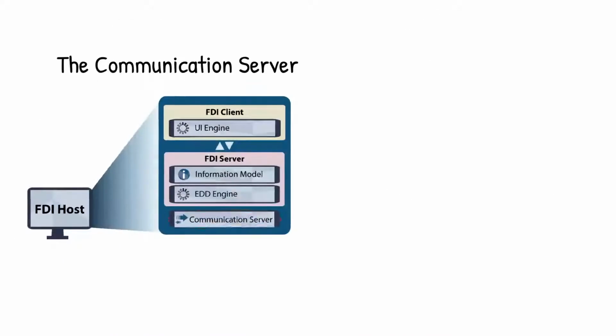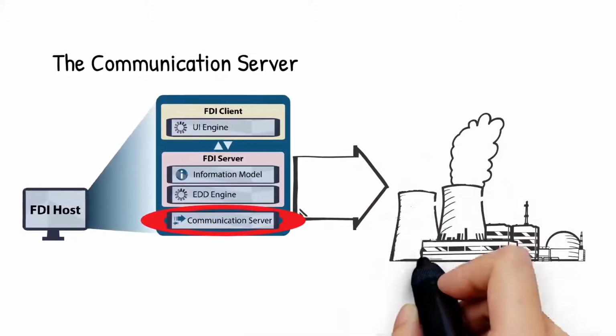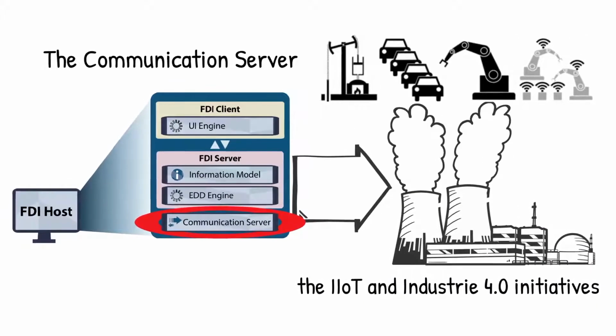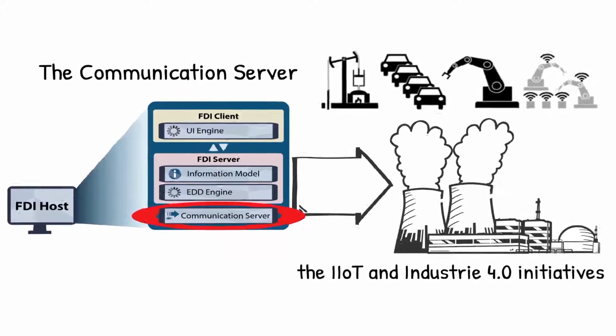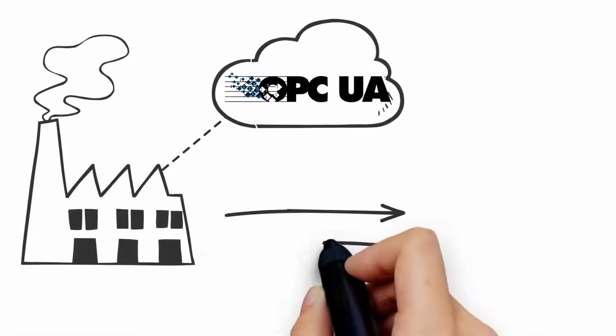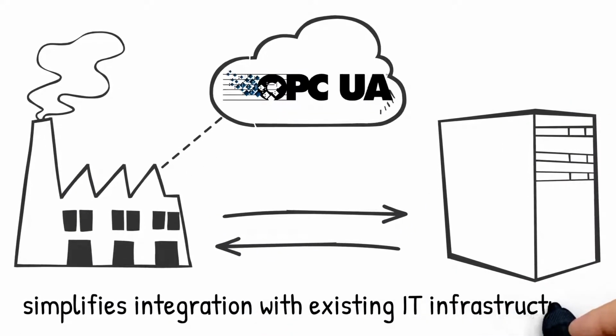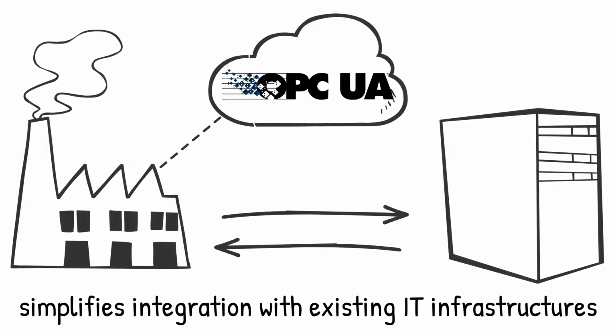The communication server is the key element enabling FDI to be broadly adopted into the IIoT and Industry 4.0 initiatives. In particular, the server enables local or cloud-based OPC UA connections, which simplifies integration with existing IT infrastructures.